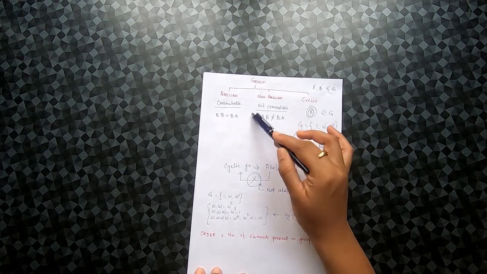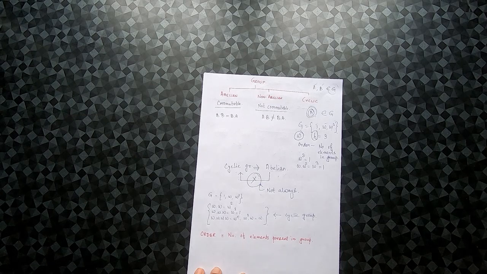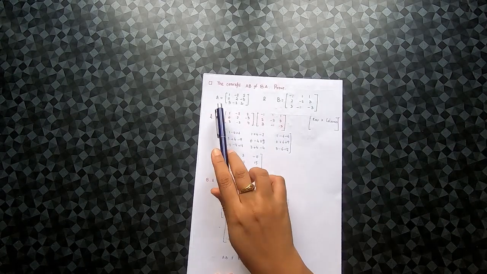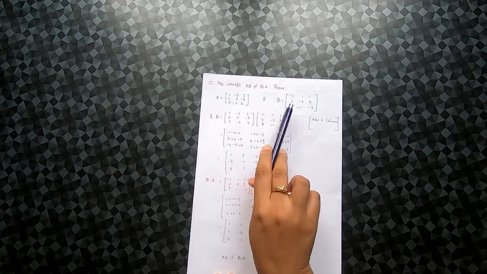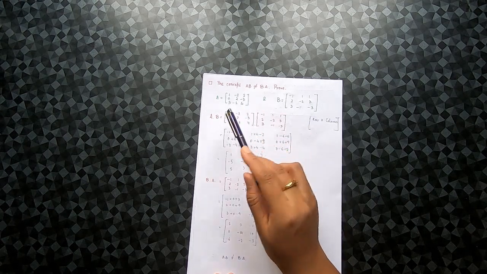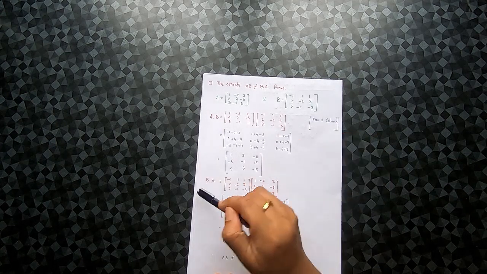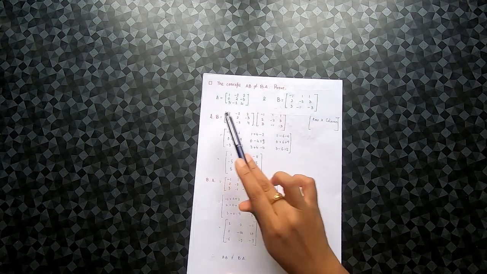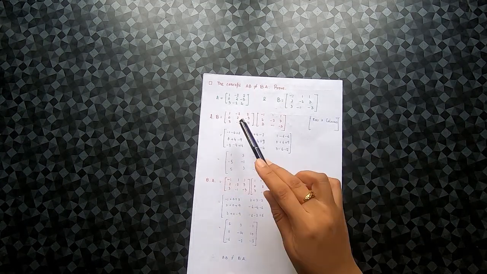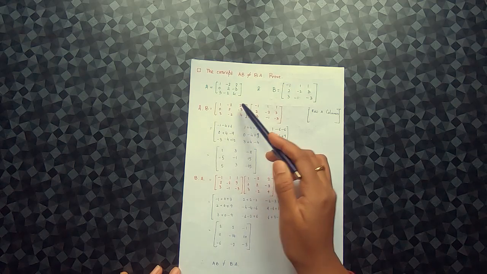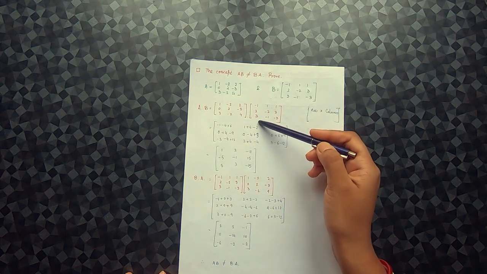To explain this factor, I am using one example. Here I have considered A and B two separate matrices, and we have done A dot B separately and B dot A separately. So A dot B multiplication is done by first row multiplied with first column.